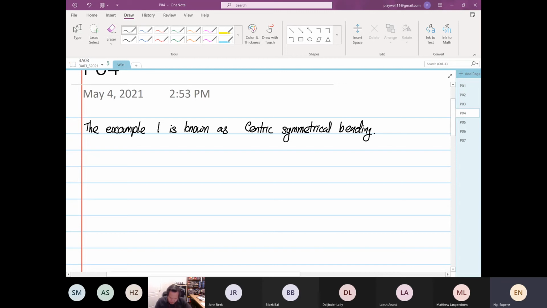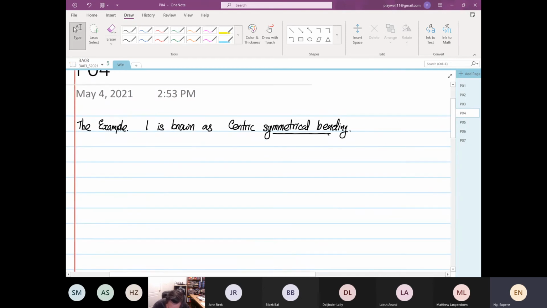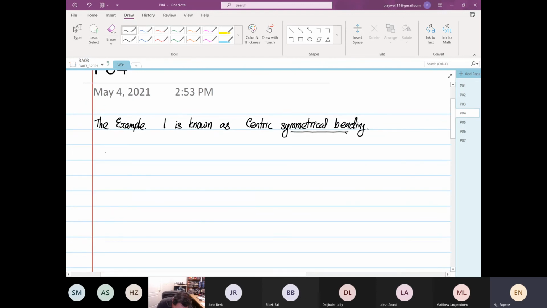So what do we mean by centric symmetrical bending? If it's centric symmetrical bending, the formula that we apply is usually stress x is equal to minus Mz over Izz multiplied by y.